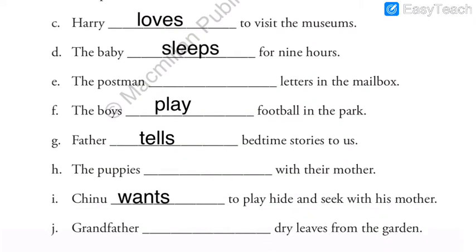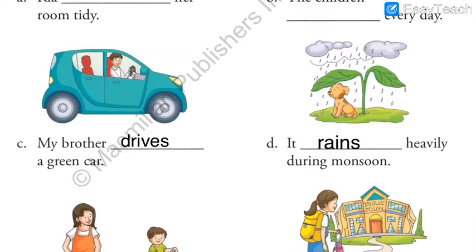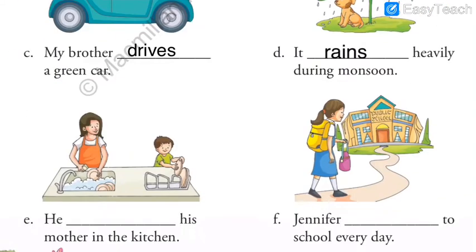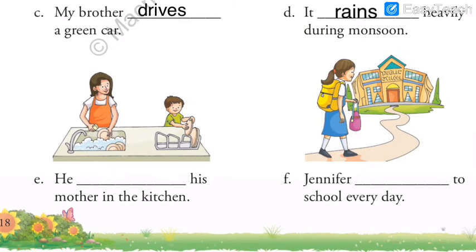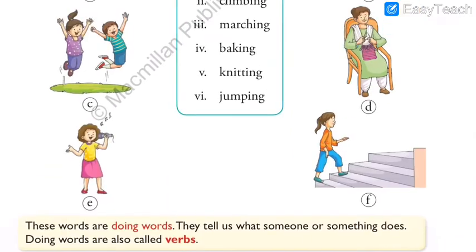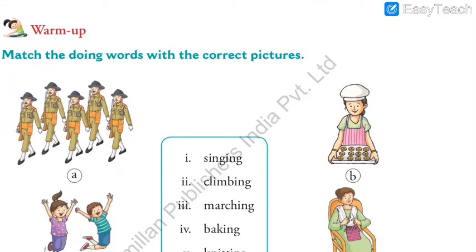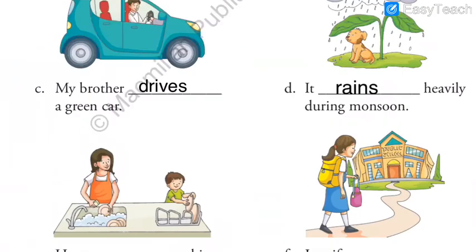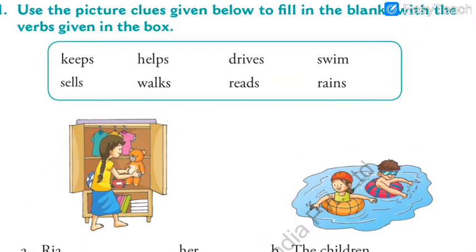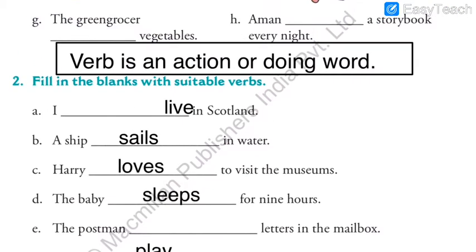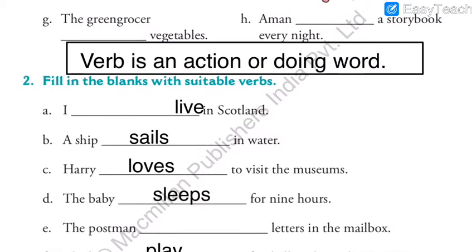So one more thing which I wanted you to repeat after me: here I have just written the simple definition of a verb, which, if you want to write it down in your books, you can write it down.